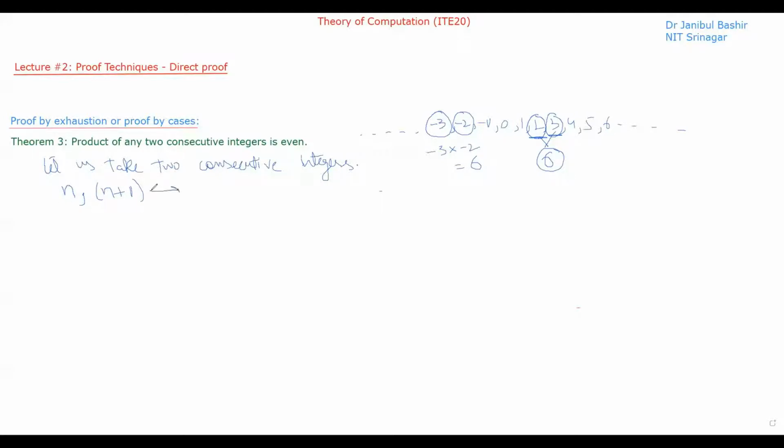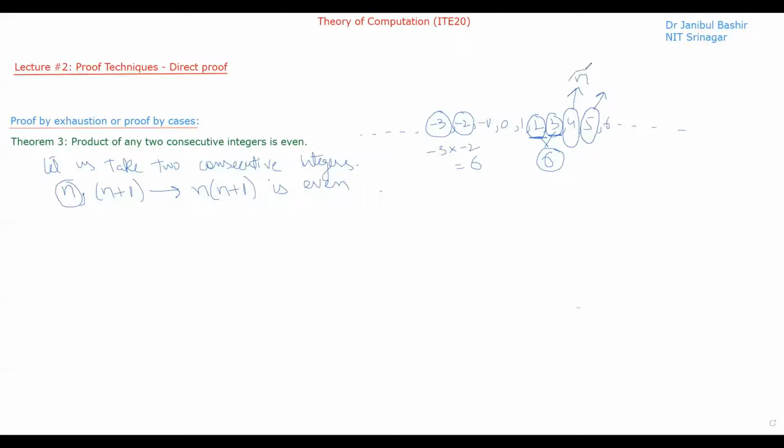So we have to prove that their product, what is the product? n into n plus 1, is even. Now let's see what this n can be. If I have chosen n as 4, what will be the next one? n plus 1 will be 5.